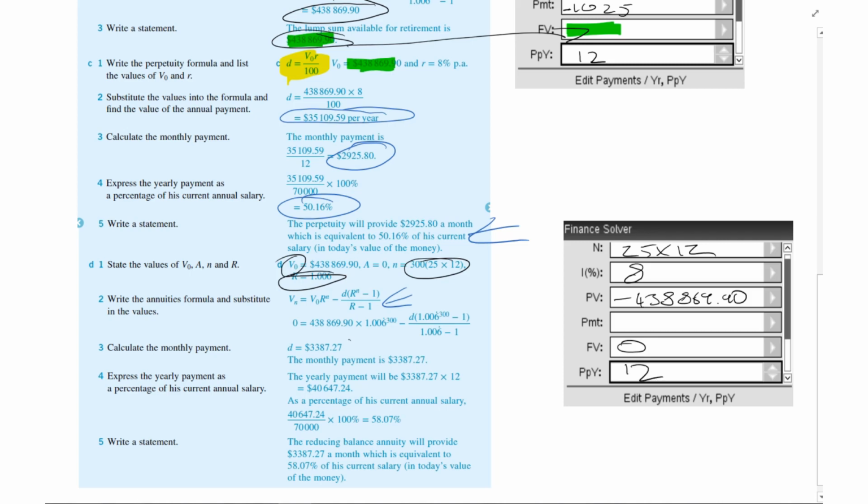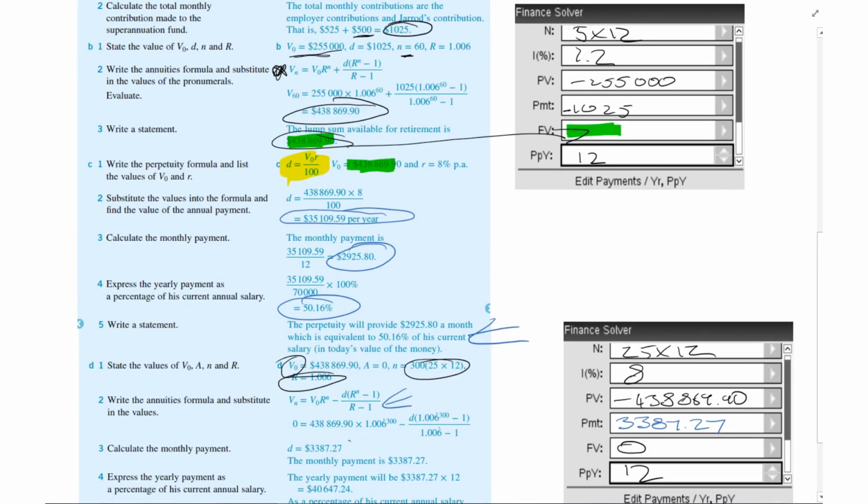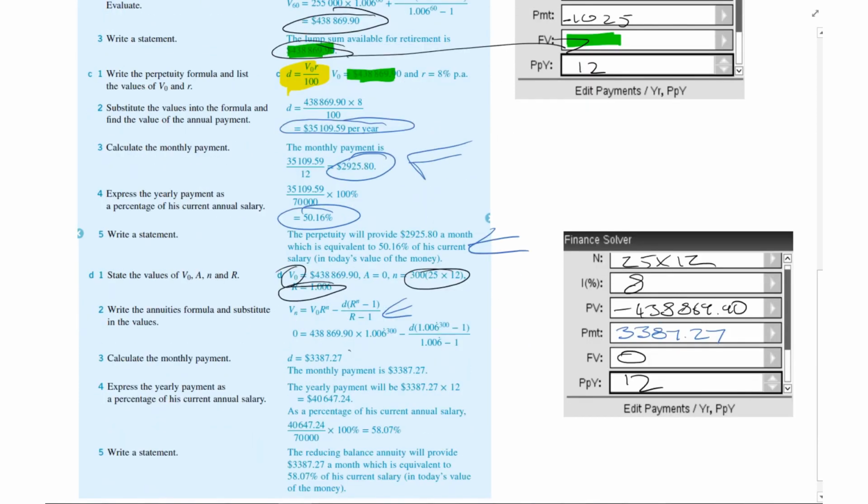I put that into the calculator, and what I get for a monthly payment is 3387.27. You can already notice a difference in terms of monthly payment. If you do a perpetuity, it's nearly 3 grand.